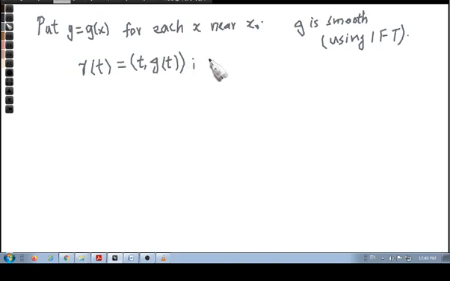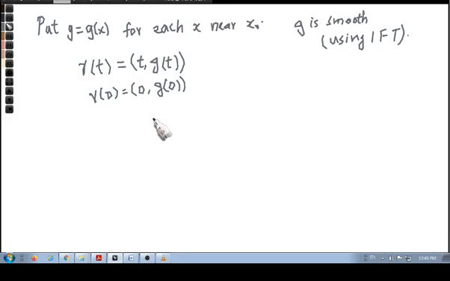Now what about gamma(0)? Gamma(0) is (0, g(0)).